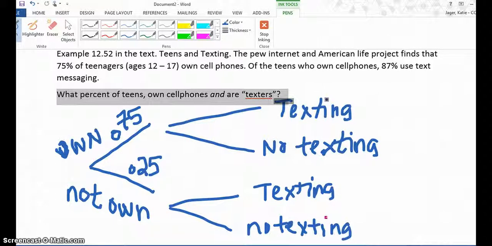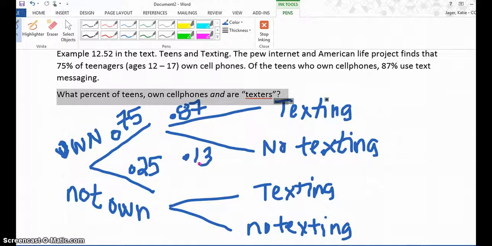Now the probability of those who, given they own a cell phone, the probability that they are a texter is 0.87. And therefore the complement of that on our other branch will be 0.13.